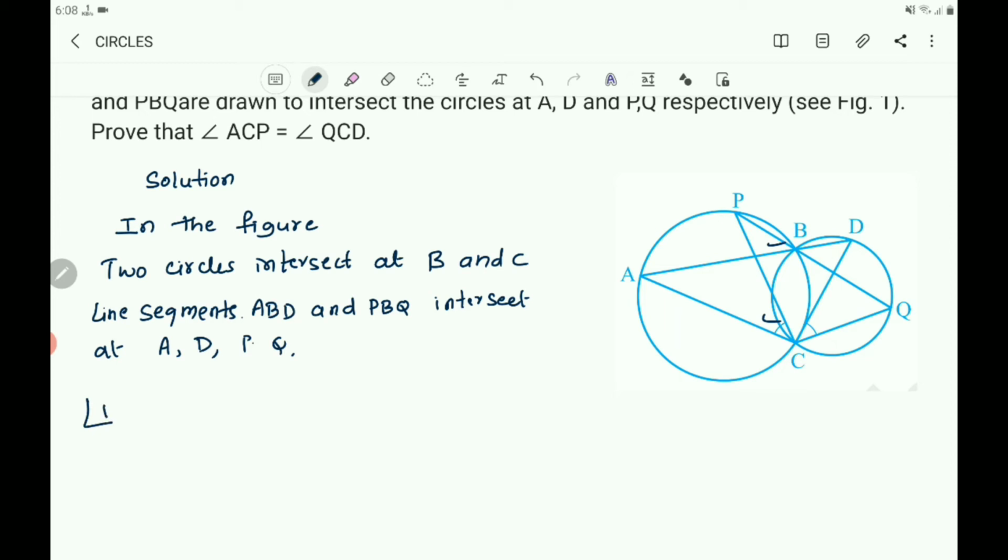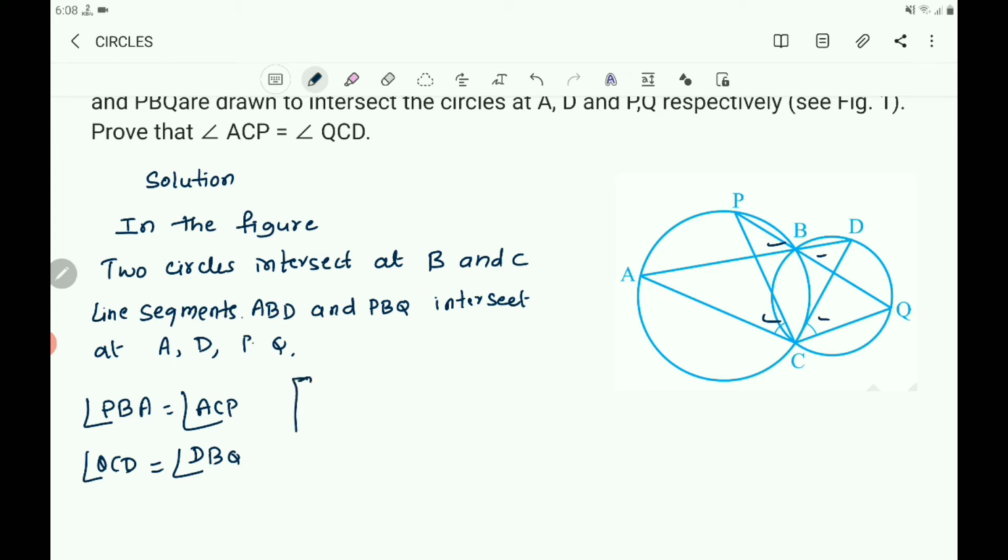Now you write these two angles are equal. Angle PBA equals angle ACP. And also here you write angle QCD equals angle DBQ. Give the reason, same reason. What is that reason? The reason is they are the angles in the same segment.